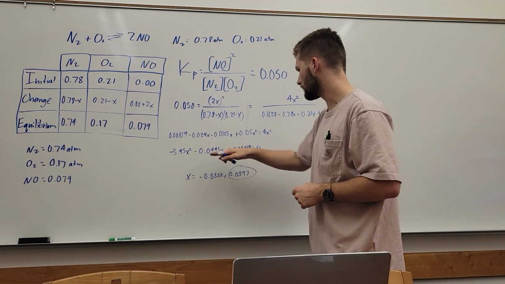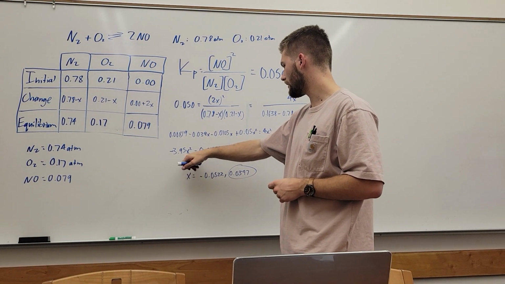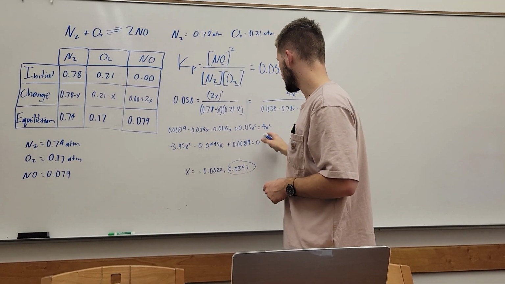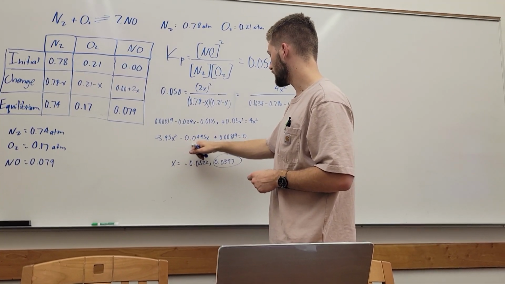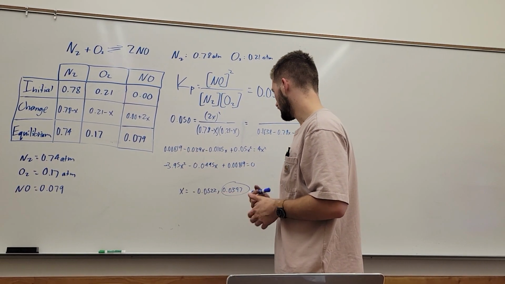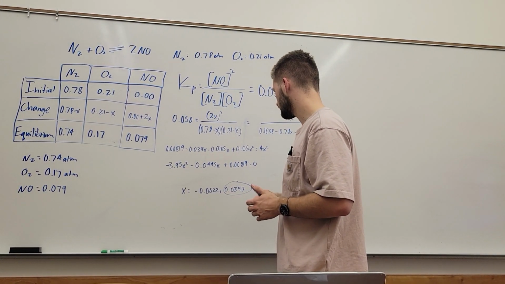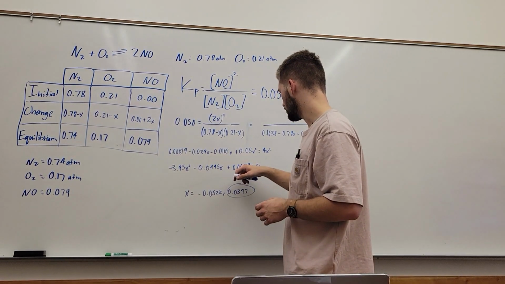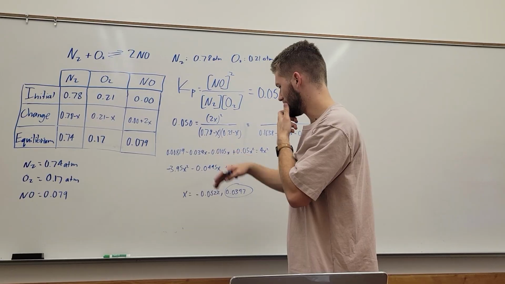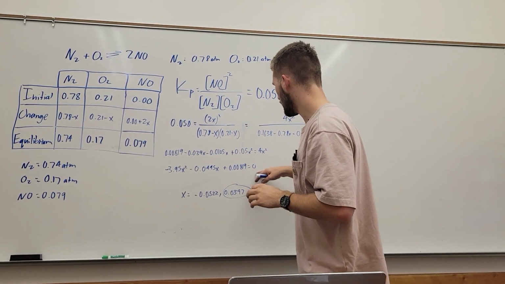So that leaves us with negative 3.95x squared, negative 0.0495x from this, plus our constant of 0.00819, all equal to 0.